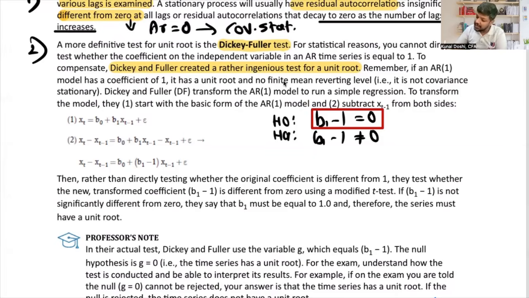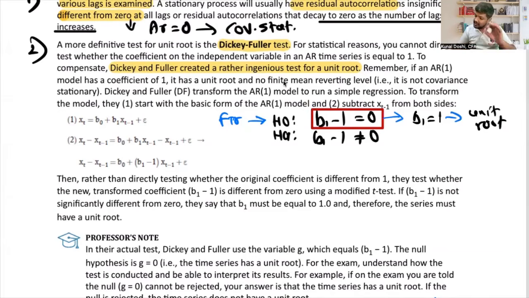But if you fail to reject the null, then the conclusion will be b1 minus 1 is equal to 0, or I can say b1 equals 1, and that means that there is a problem of unit root, meaning non-covariance stationarity or non-stationarity.